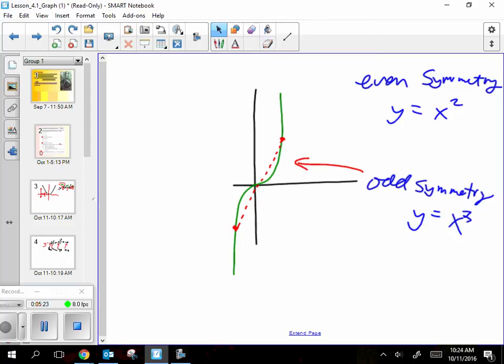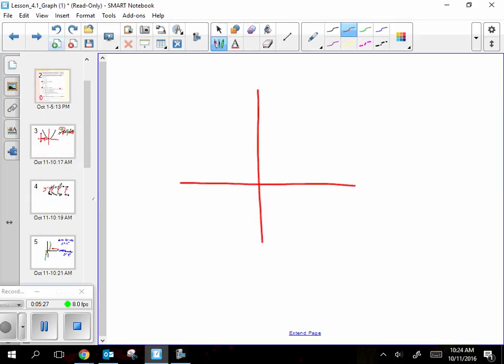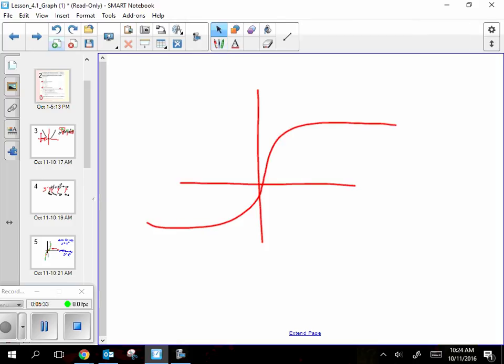So I'm going to draw you some pictures just to make sure this sets well in your brain. Odd, even, or neither. Now, assuming that I'm off a smidge here, like that should be going through the origin, for example, okay? That would be odd symmetry.